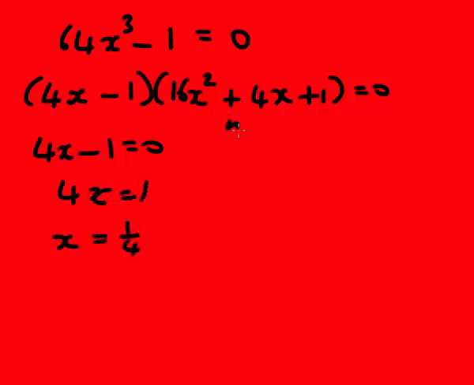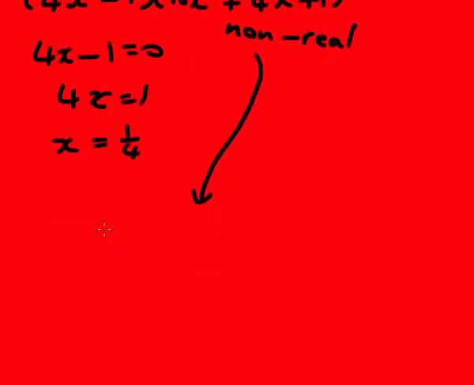And this one has a non-real solution. You don't even have to try it. If you want to test it, you're welcome to do that, but it's going to have a non-real solution. And if you don't believe me, watch this. We've got 16x squared plus 4x plus 1.